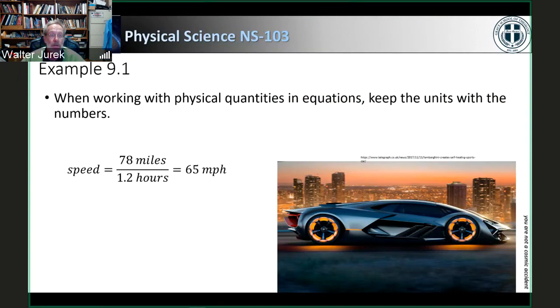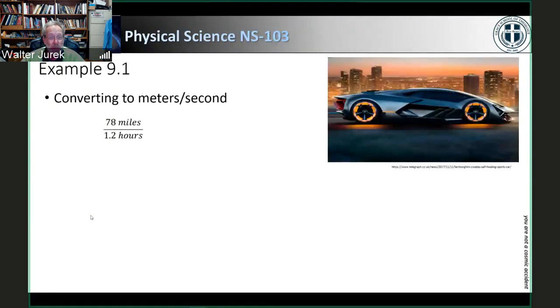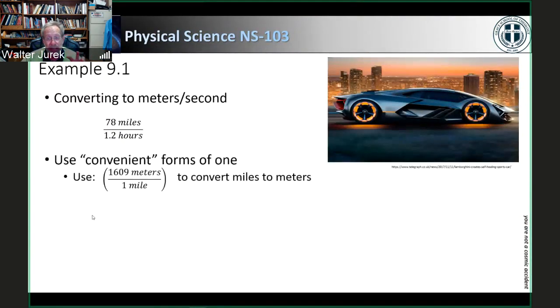Pretty straightforward. But we're also asked to give the answer in meters per second. And so now we got to do that conversion stuff. We got to convert from miles per hour to meters per second. Here's how we do that. We're going to use those convenient forms of one. We know that there are 1,609 meters in 1 mile.